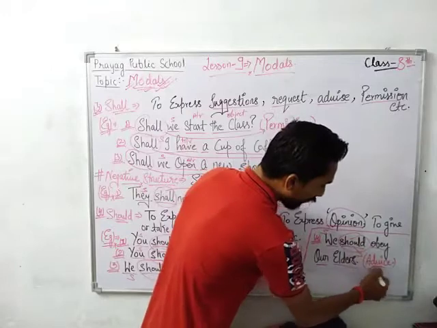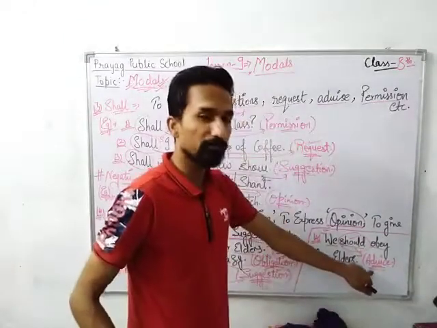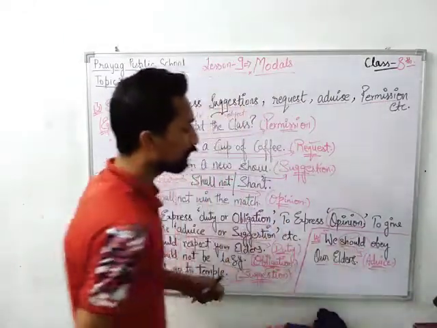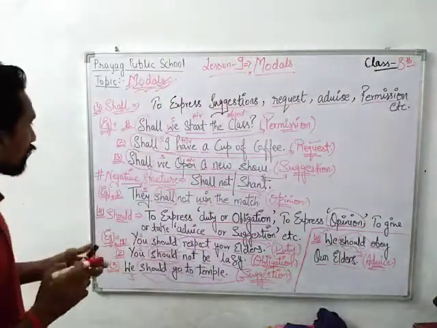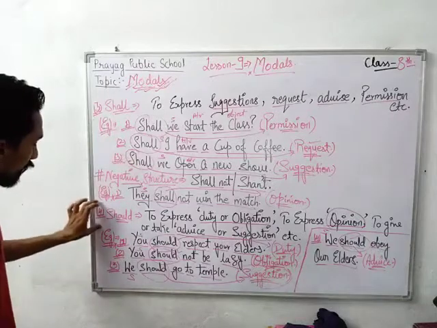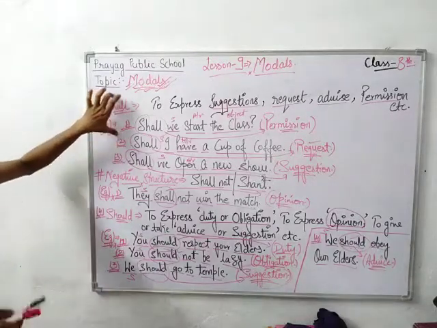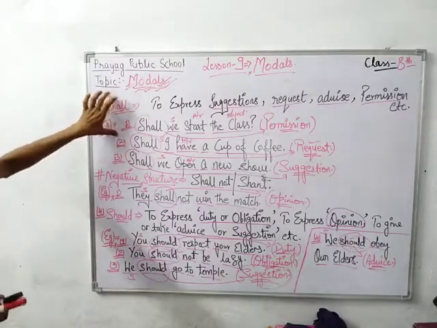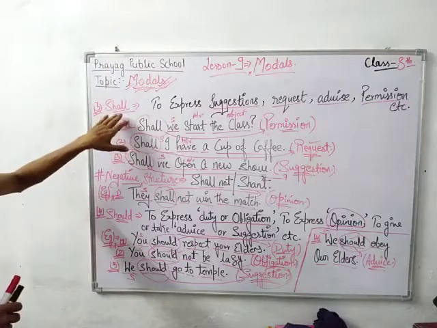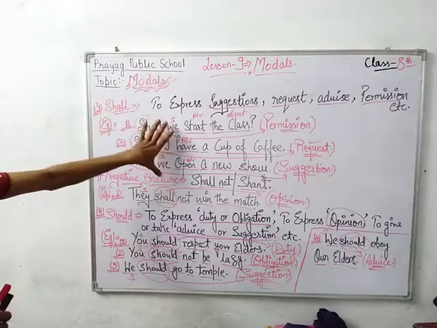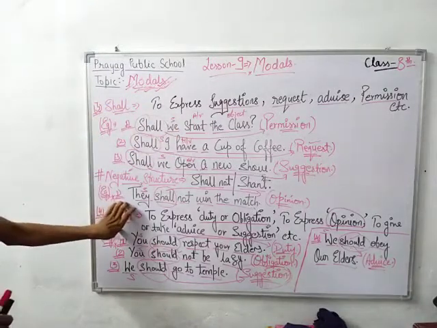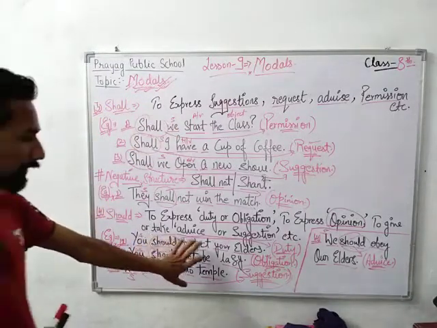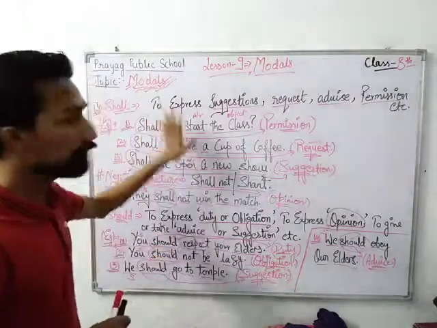In the sense of advice, and that is why this should is falling under the category of modal. So class, we have covered the third and fourth kinds of modal, where we covered shall with all its functionality under the heading modal, and again should with all its functionality under the heading modal.